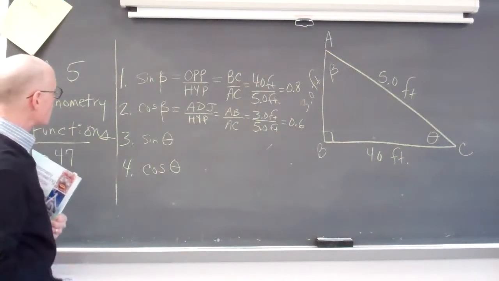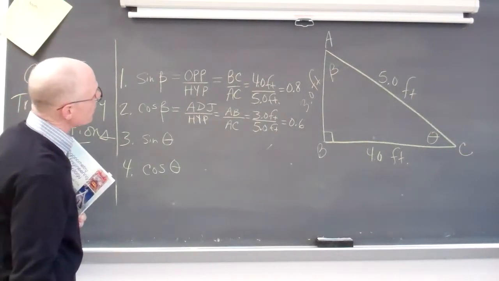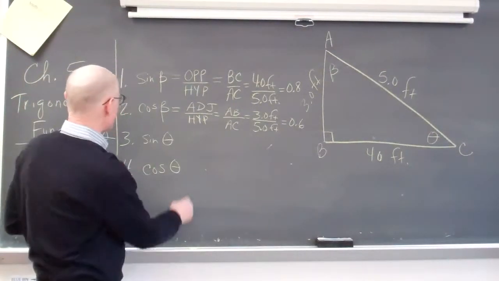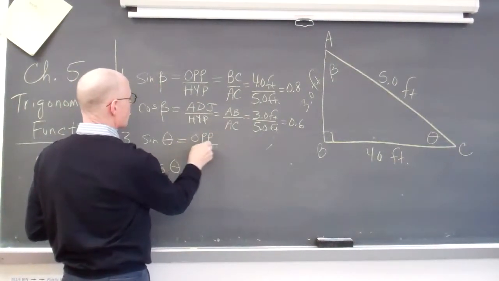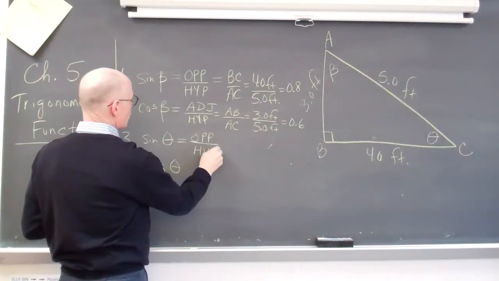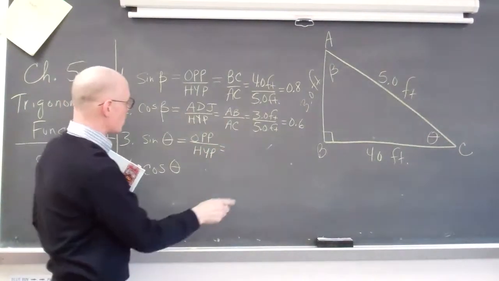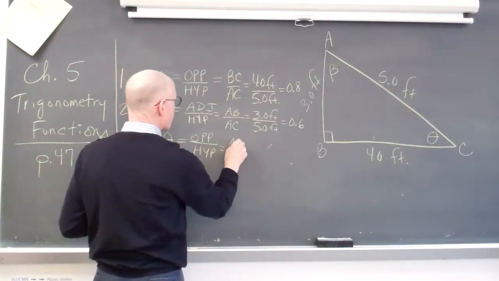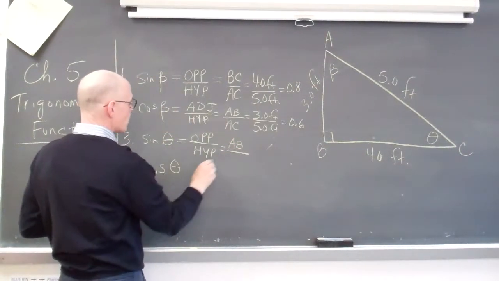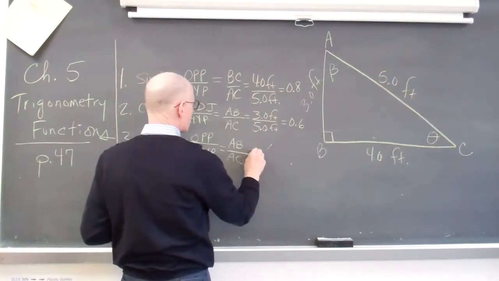All right, then we can go to the other angle, the interior angle theta. So the sine is always opposite side divided by the hypotenuse. In this case, for angle theta, the opposite side is AB. The hypotenuse is AC.